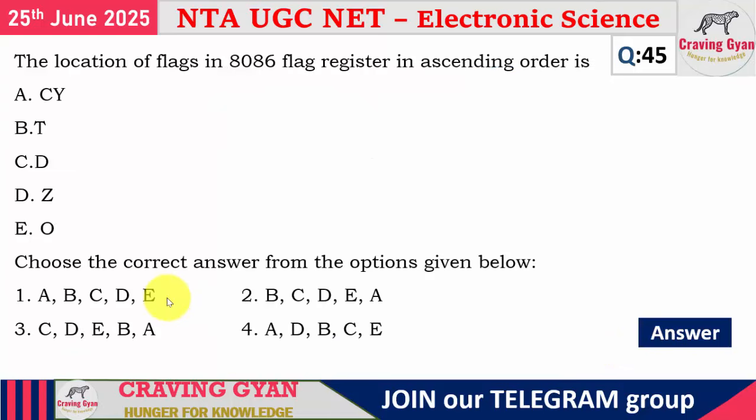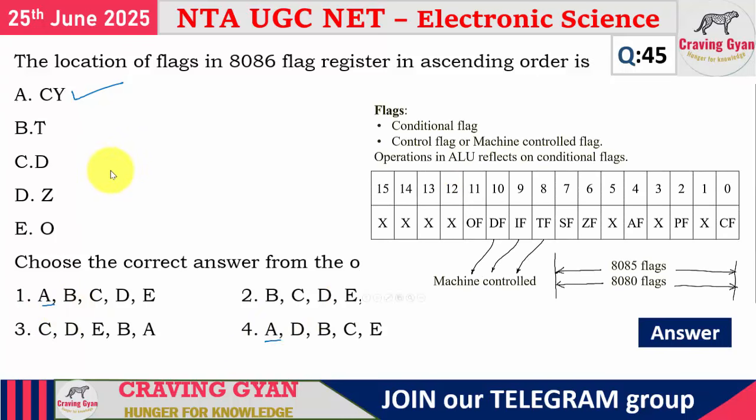45th question: the location of flags in the case of the 8086 microprocessor, you have to arrange in increasing order. If I start arranging, the first one will be the carry flag, so A you should get first. Then the next you are going to get is the zero flag.